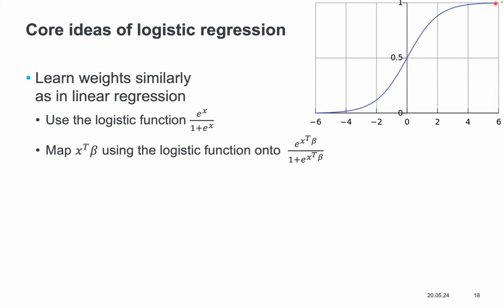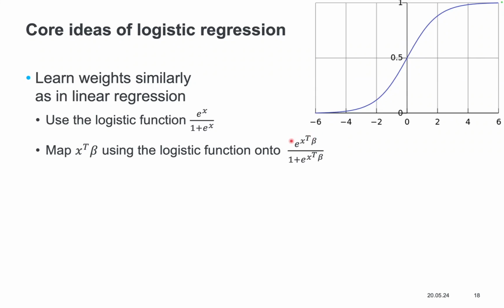How do we now add learning? Well, the idea is that we don't learn this function in general. All we do is learn a linear component of this function. This linear component is the same as in linear regression. Namely, it's a vector x transposed times beta, where beta again is a weight vector and x is our vector describing our object.